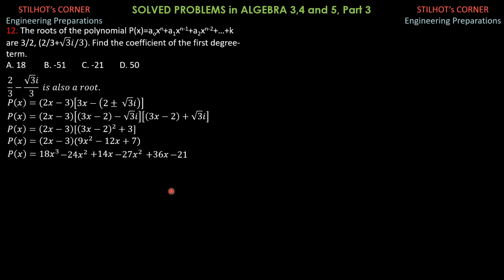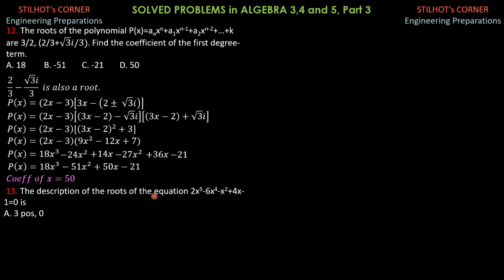So simplifying, we have 18x cubed minus 51x squared plus 50x and minus 21. So therefore, the coefficient of the first degree term is 50. So the answer is 50.